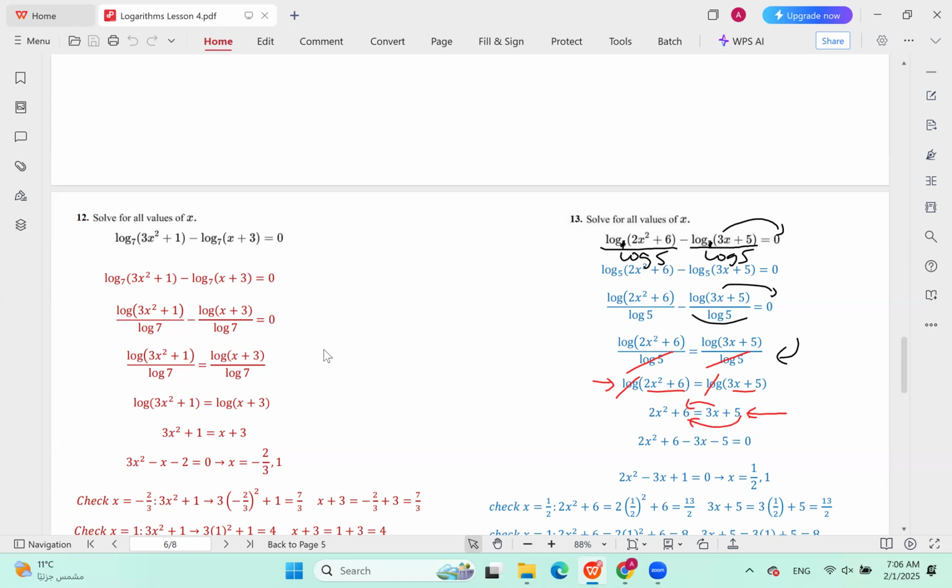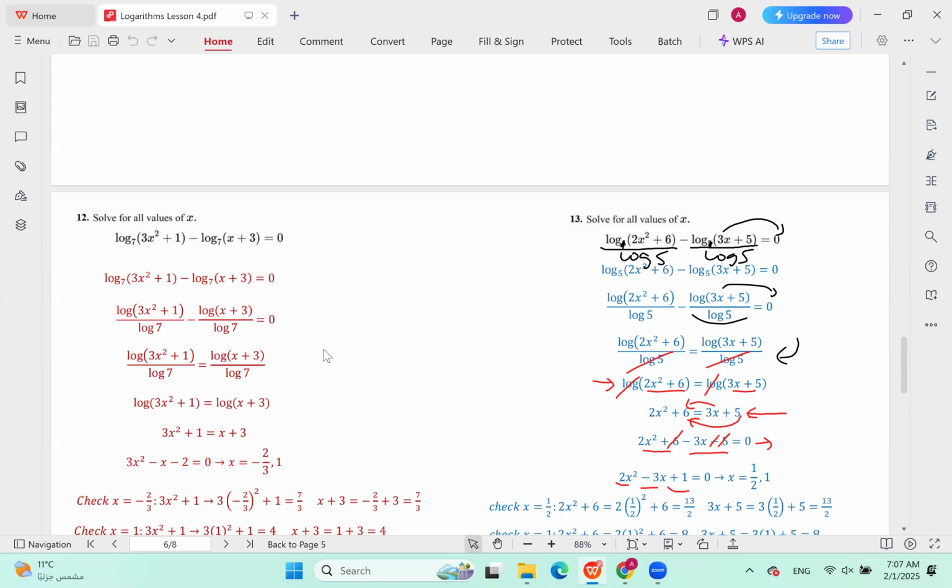And we get 2x squared plus 6 minus 3x minus 5 equals 0. And we want to simplify this so that we can input into the calculator. So 6 minus 5 gives us positive 1. So we get 2x squared minus 3x plus 1 equals 0.